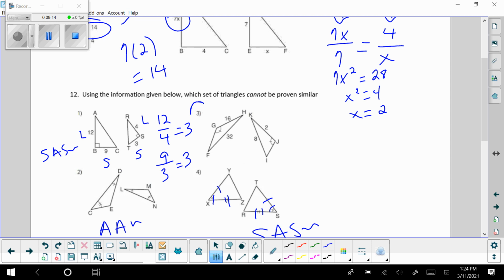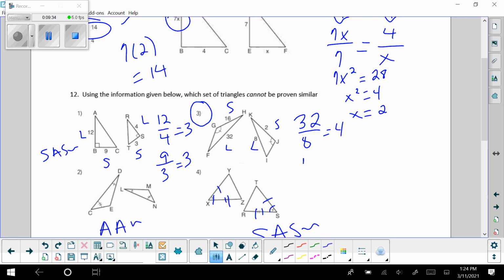Number 3 is the one that ends up not working because when you compare the small and the large sides, this is small, this is large. So if we do 32/8, that gives you 4.